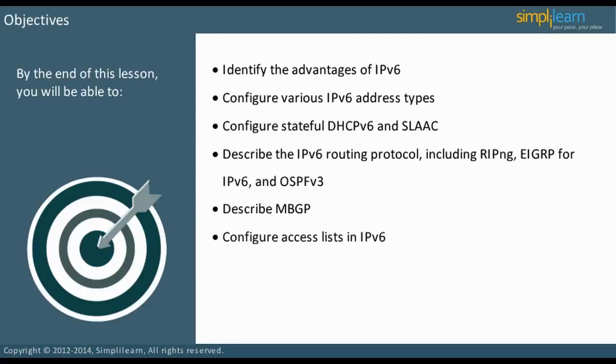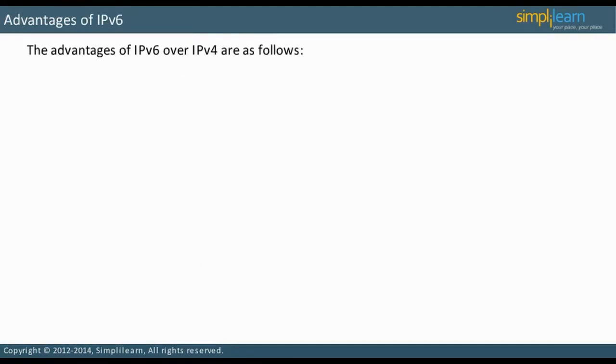Let us start with a discussion of the advantages of IPv6 over IPv4. IPv6 provides 3.4 times 10 to the 38th power addresses versus the 4.3 billion addresses provided by IPv4. The increase in the number of addresses is the biggest benefit of IPv6.